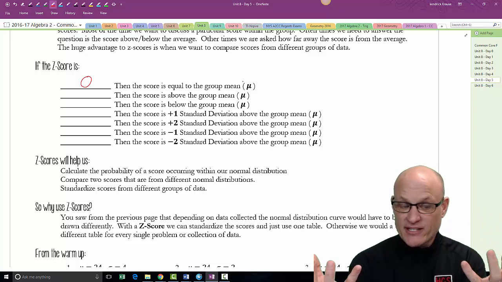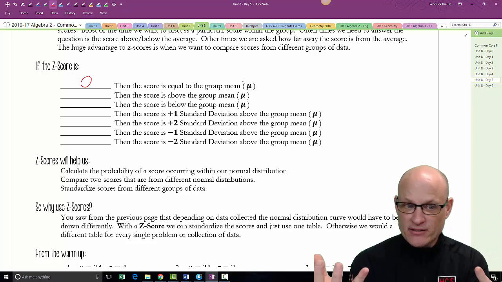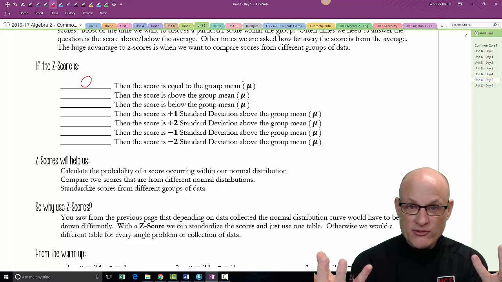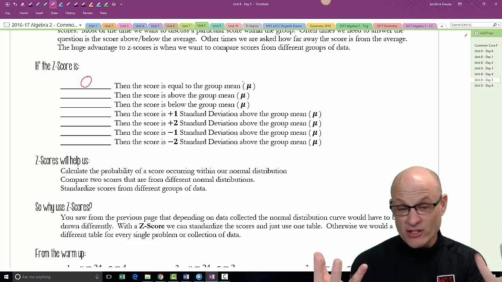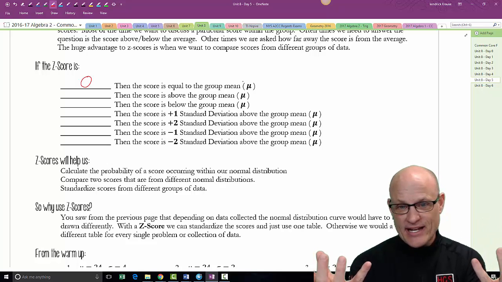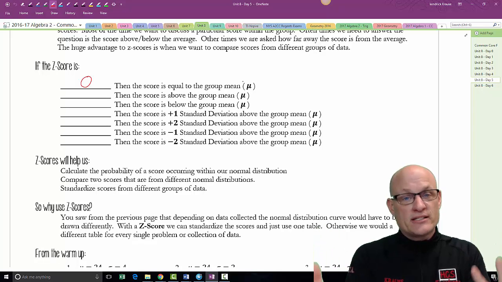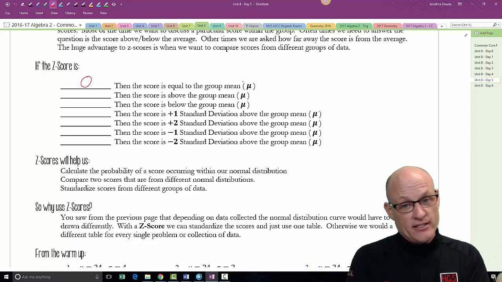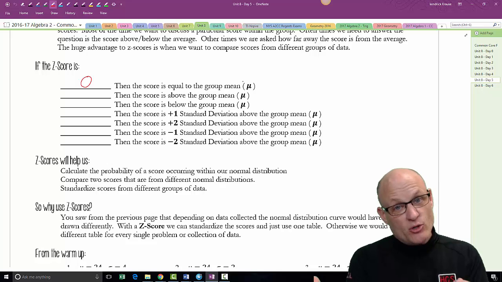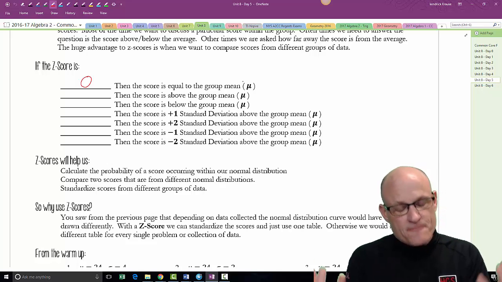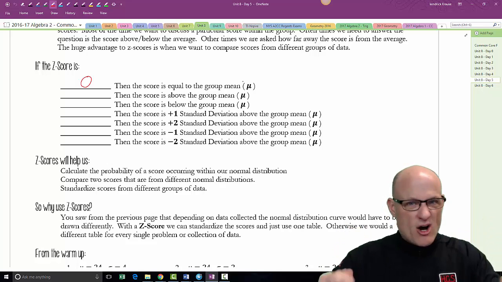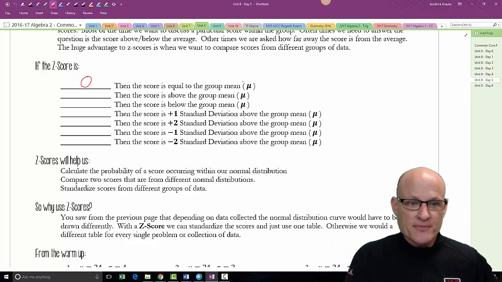And the mean score on the second test was 30, and you got a 30. You got a z-score of 0, which means you got exactly the average. So you didn't do any better in terms of how the entire group did. You got a z-score of 0, which means you nailed it right on the mean on both tests.